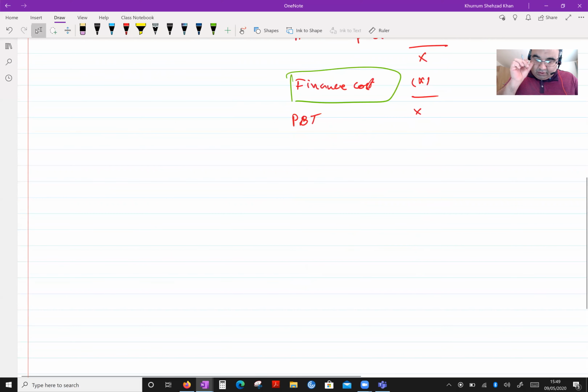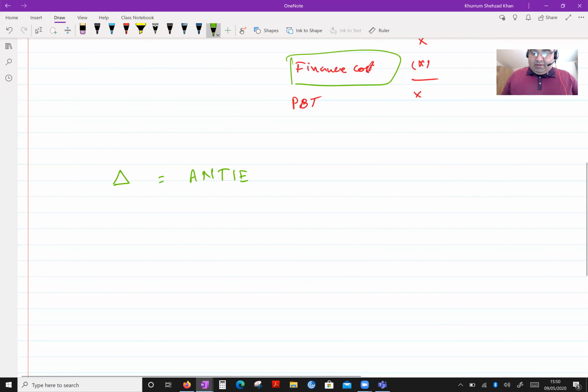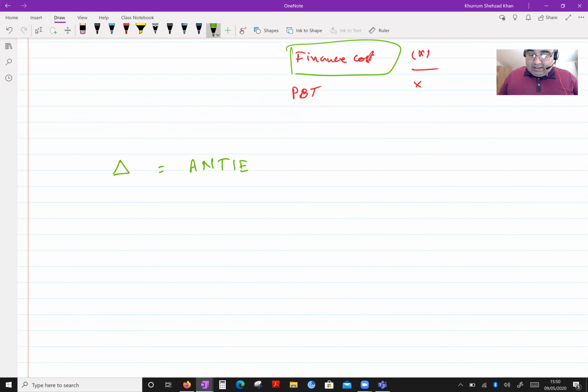So the first equation is: how much is the total disallowance? We would say this with a triangle in the mathematical figure. Disallowance is equal to your total NTIE. I'm going to tell you about these notations later on. So overall, your total NTIE minus interest capacity.